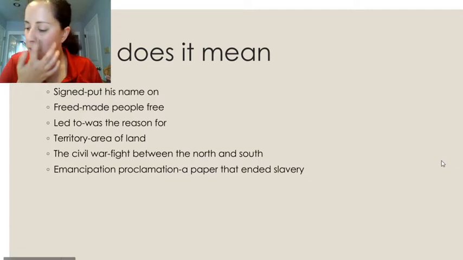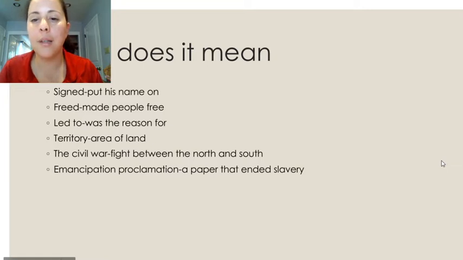Number 5. The problem of slavery led to the Civil War. Remember, led to was the reason for. So, did the problem of slavery lead to the Civil War? Yes, it did.